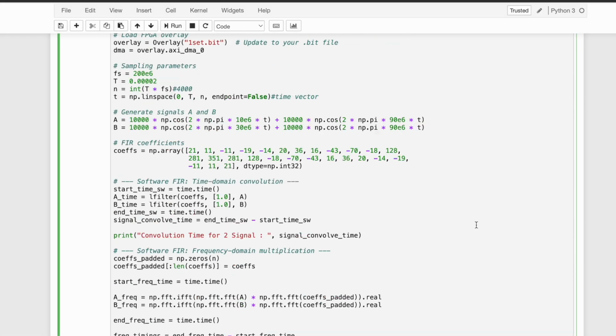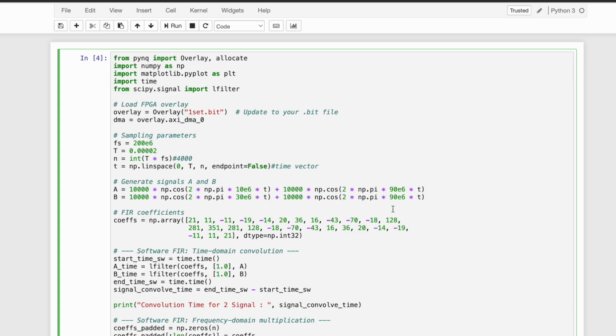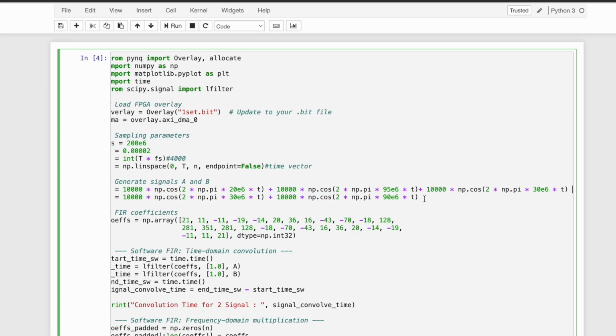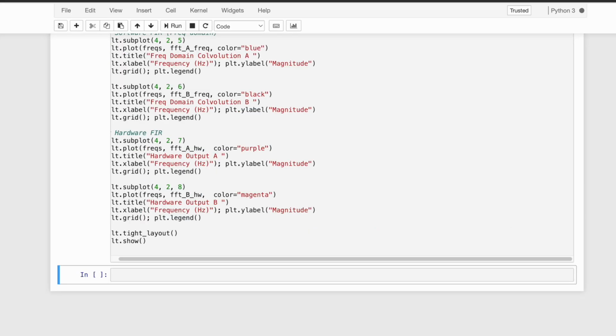Let us change our 90 to, let's say, 95 over here, and I change my 10 to, let's say, 20, and I add a 30 over here, and let's say a 20 over here.